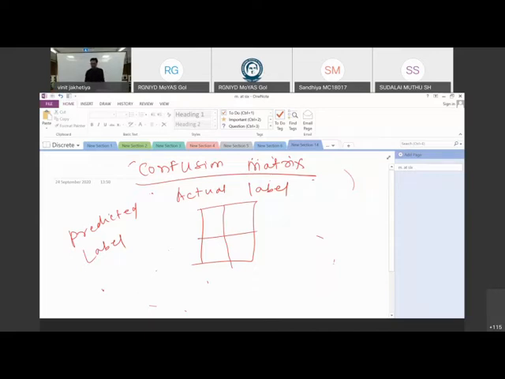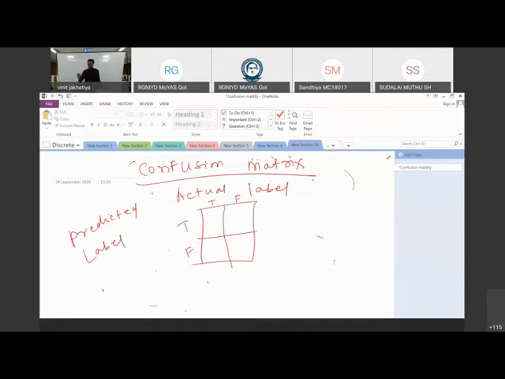This is true, this is false, this is true, this is false. Actual label, as I discussed earlier, means that for training any machine learning and deep learning model, you need to have the training data. The training data is the actual label. Here, the machine learning and deep learning model is going to predict its label as well, to identify how accurate or how poor your model is.